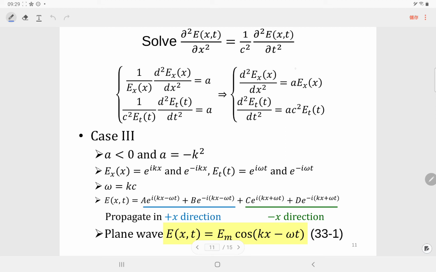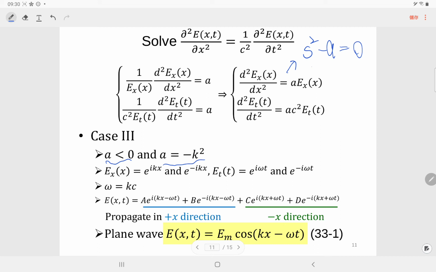In this case, we have s squared minus a equals 0. Suppose a is smaller than 0, we make it negative k squared, where k is a real number not equal to 0, so negative k squared is smaller than 0.